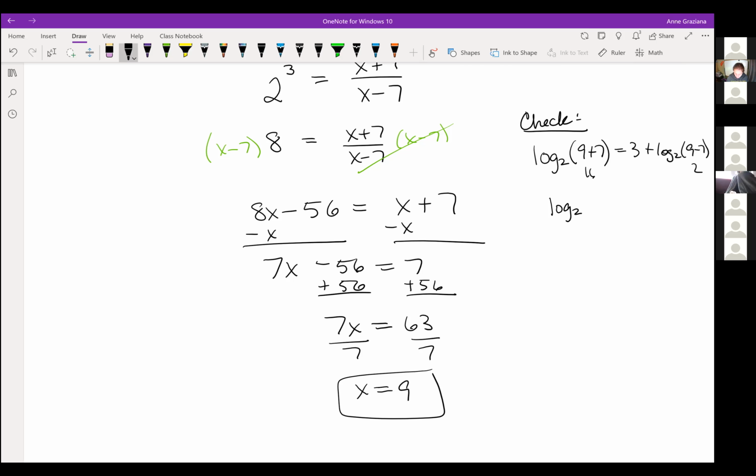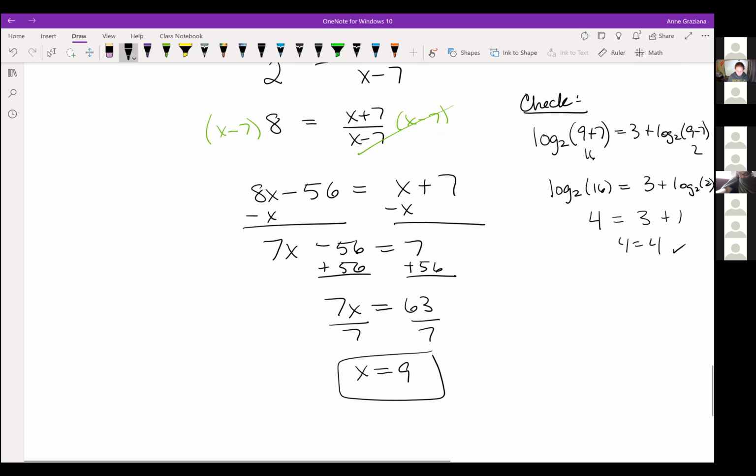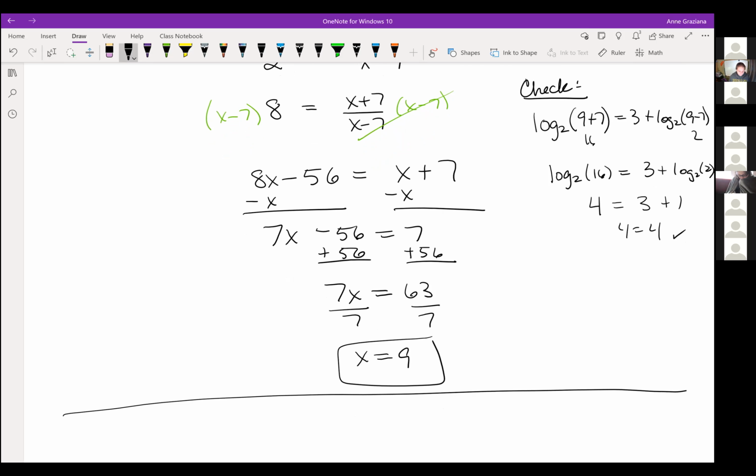We can keep going if you want. Look, this is going to be 2 to the 4th gives you 16. That's the exponent's 4. This is 3 plus 1. Okay, it does work. Sometimes they don't all work out as nice as that though. So really your focus is the domain.